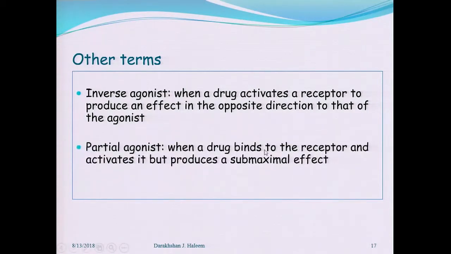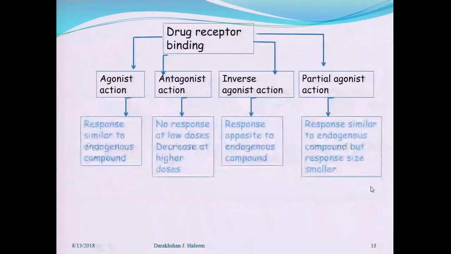Partial agonist: a drug binds with the receptor sites but will not produce a full response. Then it will be a partial agonist. Maximum response is not produced. So the drug receptor binding may be agonist binding, a response similar to the endogenous compound.